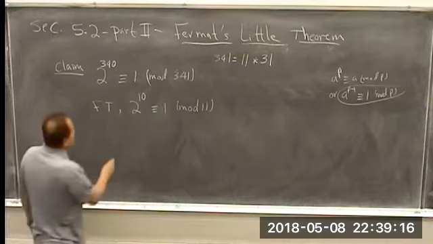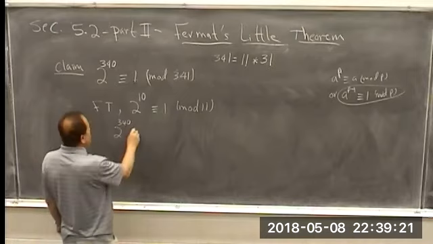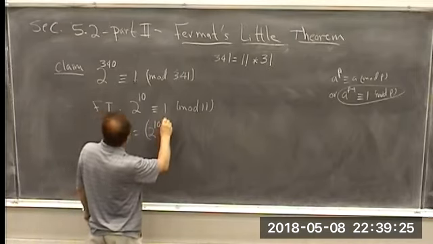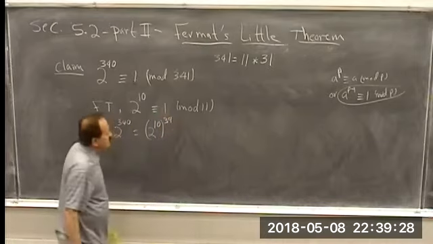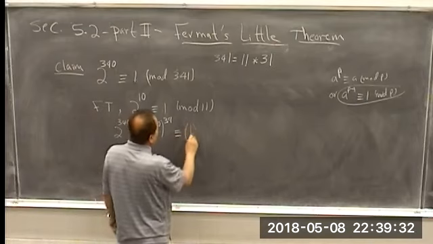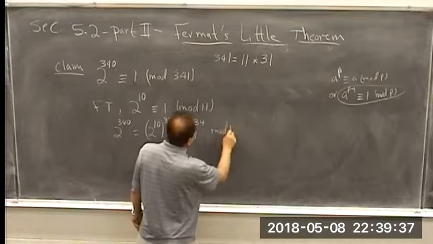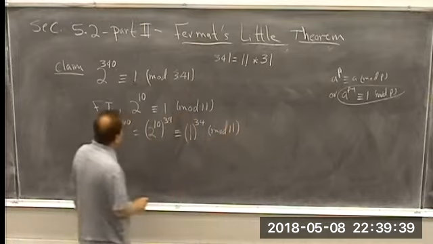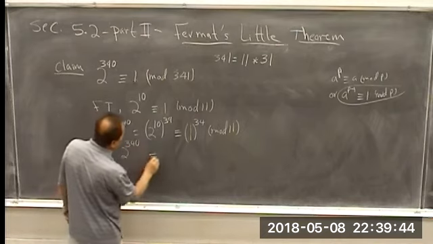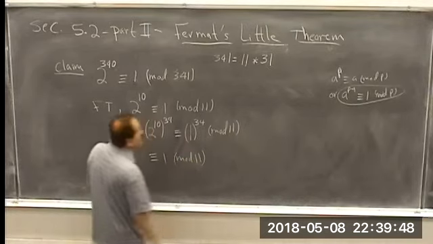Then I can say 2 to the 340 is actually 2 to the 10 to the power 34. And this is going to be congruent to 1 to the power of 34 mod 11, which of course gives us 2 to the 340 is congruent to 1 mod 11. All right, so this is 1.